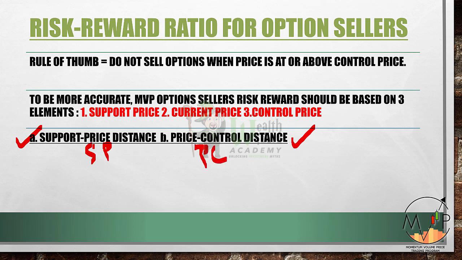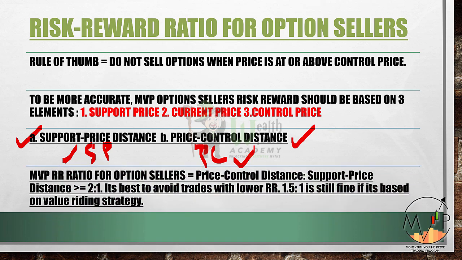What is the distance between the support and the current price? What is the distance between the current price and the control price? That's basically what these two elements mean. So in an MVP risk reward ratio for option sellers, the price control distance to support price distance, PC to SP, should be more than or equal to 2 to 1.